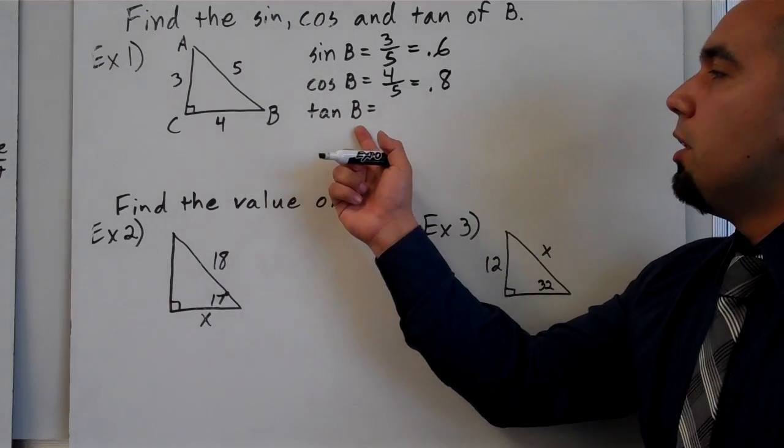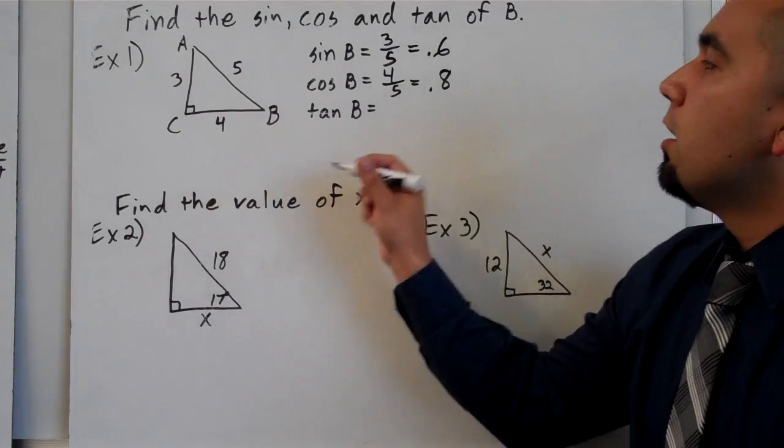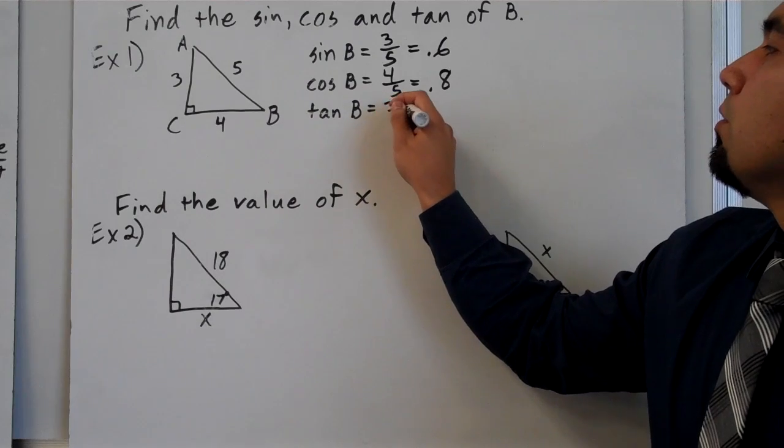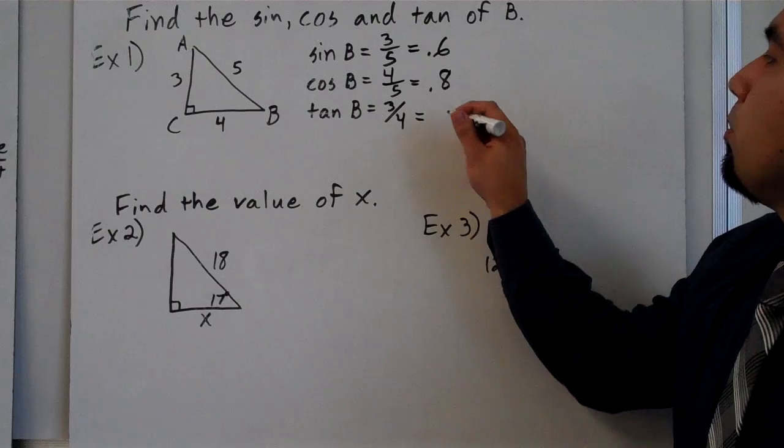And the tangent of B, tangent is opposite over adjacent, so I end up with 3 over 4, and 3 over 4 would be 0.75.